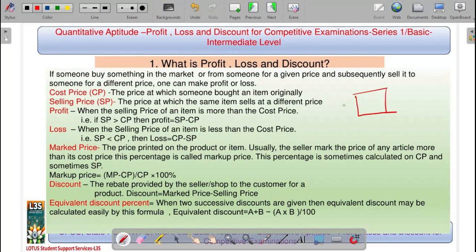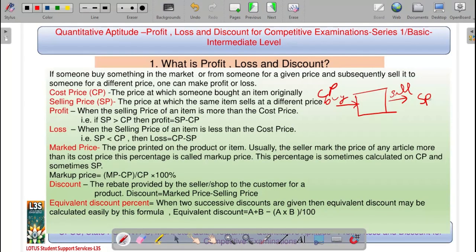Somebody buys it, and then he sells it to somebody else. The price at which he buys it is called the cost price. And when he sells it to another person or customer at a different price, it is called the selling price.